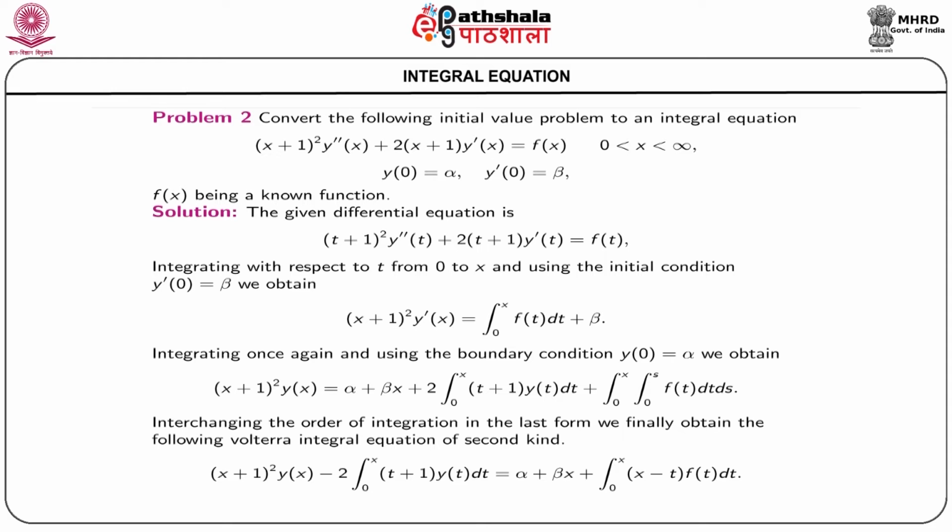Now we write the given differential equation in the form t plus 1 whole square y double dash t plus 2 times t plus 1 y dash t equal to f t.